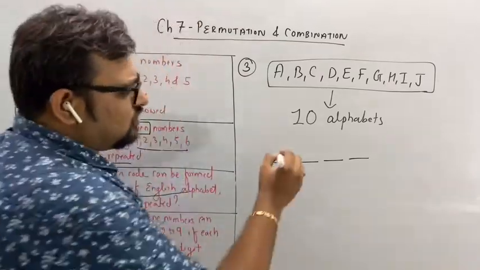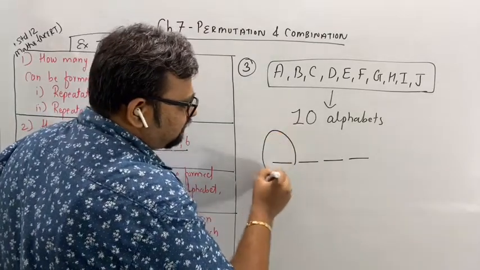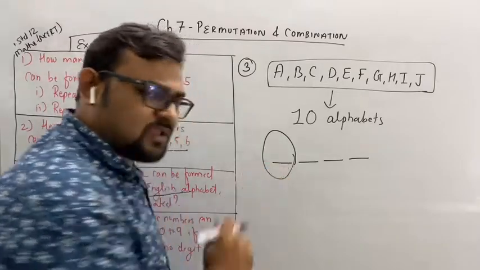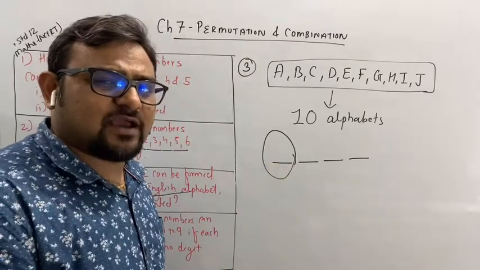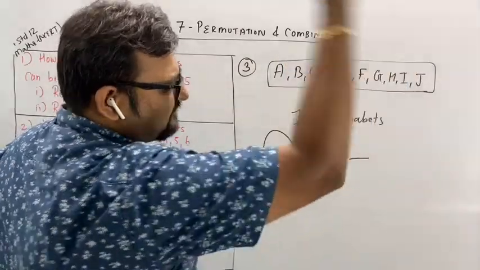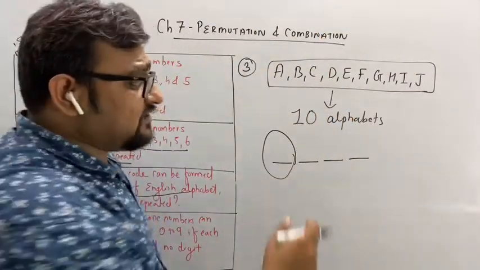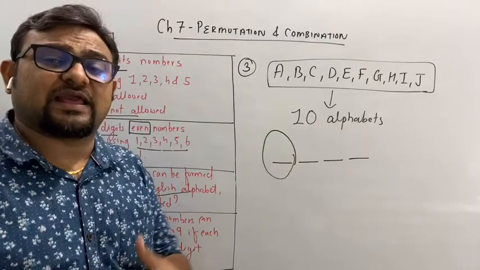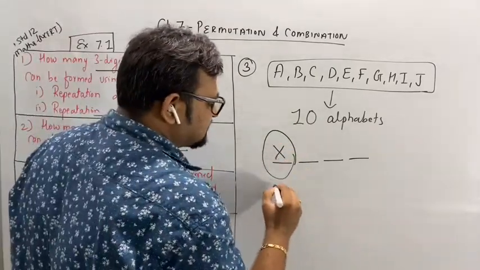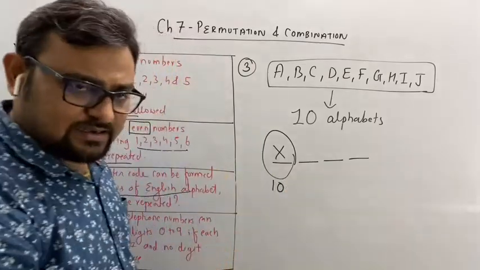So now, if I want to fill this blank, how many options do I have? I can put A, B, C, D, E, F, up to J. I have 10 alphabets, so I can put any one from these 10. So 10 options.